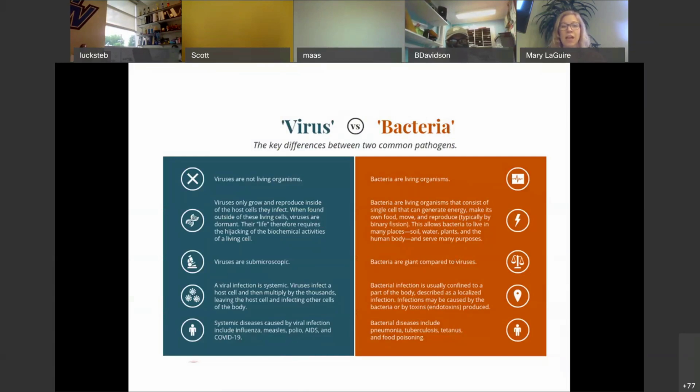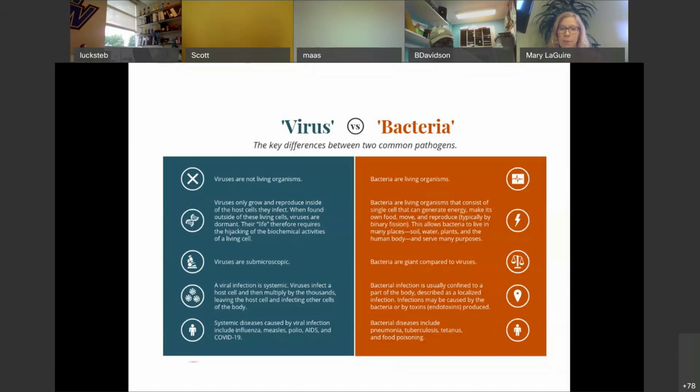When found outside of these living cells, they're dormant, or their life therefore requires hijacking of the biochemical activities of the living cell. Where bacteria are living organisms that consist of a single cell that can generate energy, make its own food, move, and reproduce. This allows bacteria to live in many places: soil, water, plants, human body, and serve many purposes.